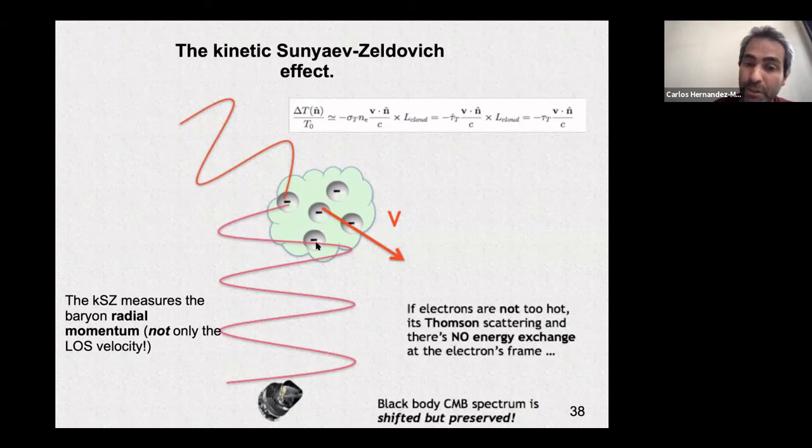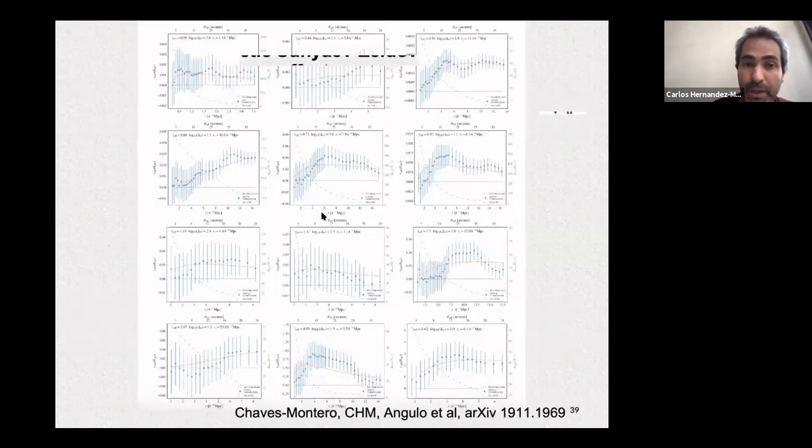By repeating this cross-correlation analysis of the angular redshift fluctuations with the kinetic Sunyaev-Zeldovich maps that we build for different apertures, we are able to get these profiles, right? Every point here is our measurement of the number of electrons, which is proportional to the amplitude of the kinetic Sunyaev-Zeldovich effect that we measure for every different aperture.